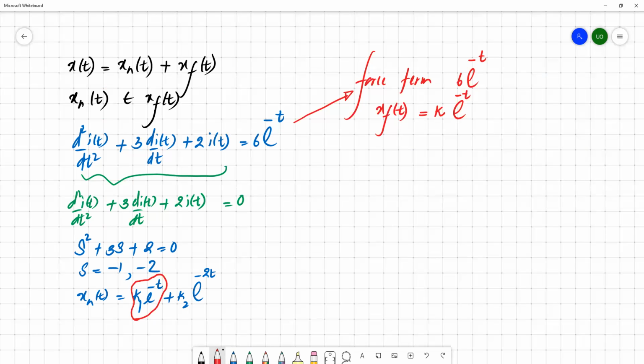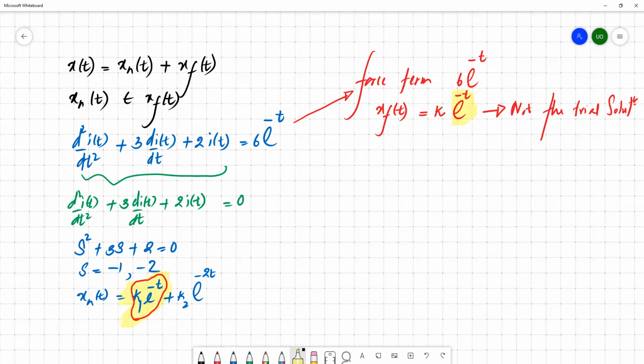So for this kind of scenario, this is not the trial solution. Hope it's clear. Because it's already there in the natural response, whatever the proposed solution is, it is no longer a solution for this particular special scenario.